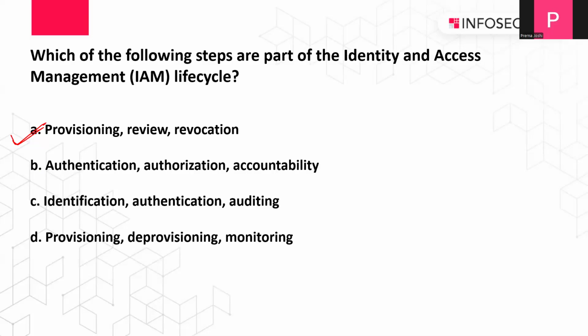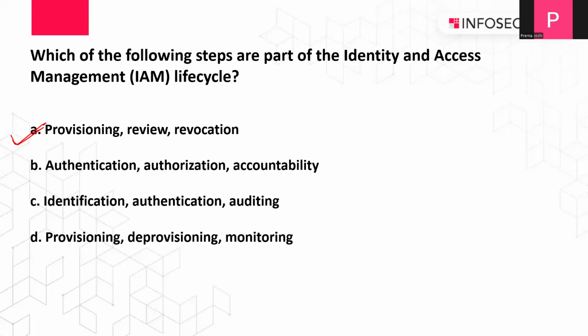And when we talk about review, review is a periodic assessment of a user's rights and permissions. The assessment checks that he has proper permissions and rights which align with his current role, responsibility, and the organization's policies. Then we have the last one, which is revocation.